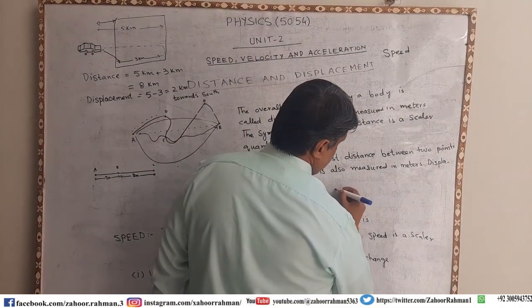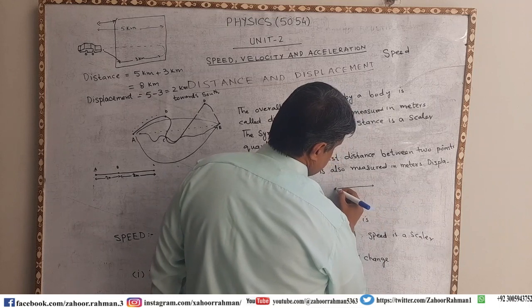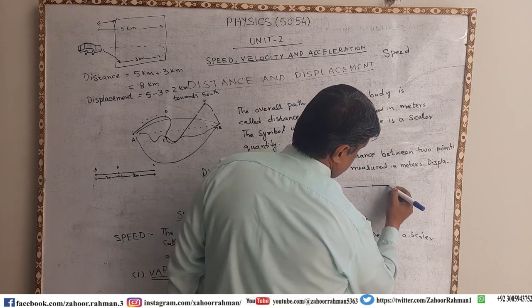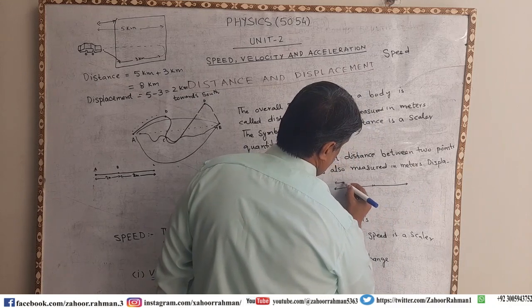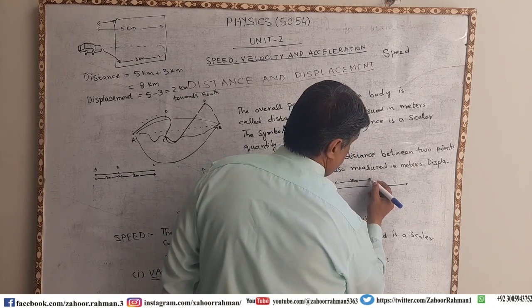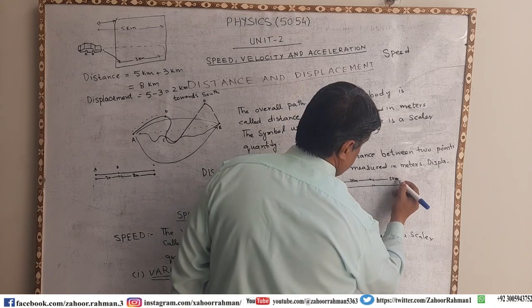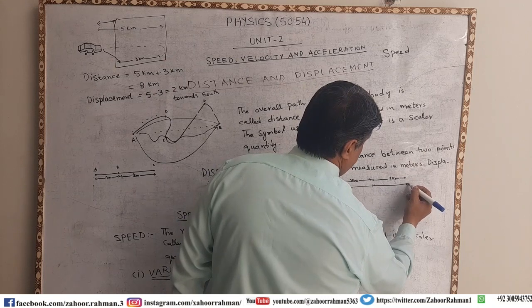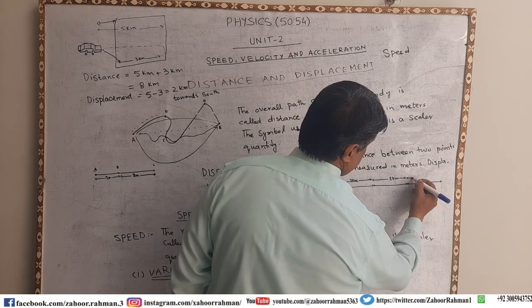If equal distances, this is 1 kilometer, this is also 1 kilometer, and the third one is also 1 kilometer.